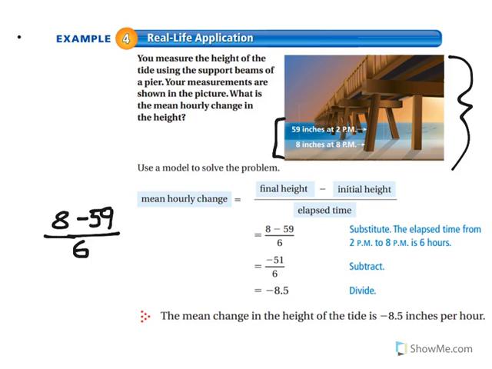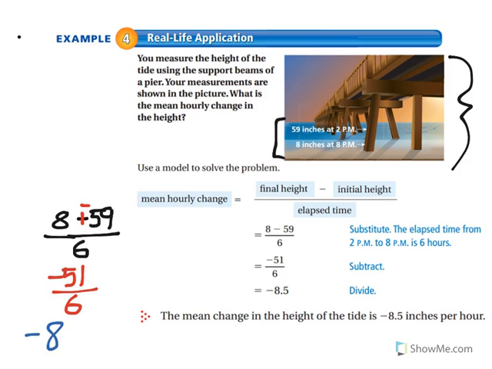So 8 minus 59, this is the same thing as leave, change, opposite. So it's 59 minus 8, but it's going to be a negative number. And 59 minus 8 is 51. So we have negative 51 divided by positive 6. 6 goes into 51 8 times, right?